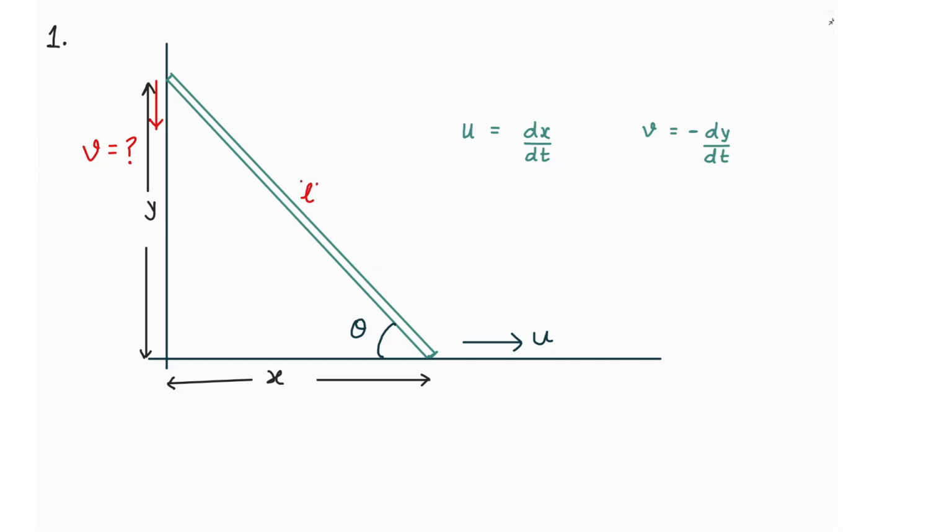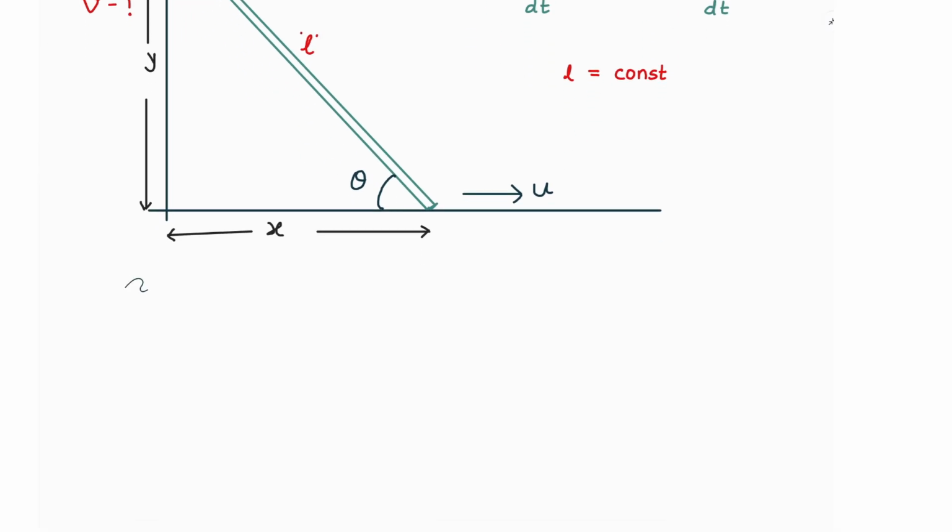The length of the rod is constant in this problem. If the rod slides along x, along y, or in combination, the length L is constant, and hence we can write x square plus y square is equal to L square, following the Pythagoras theorem.